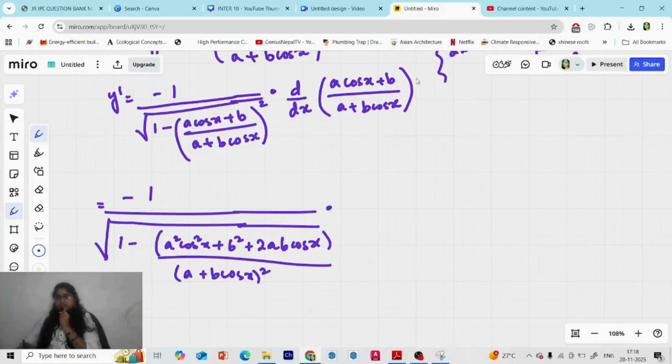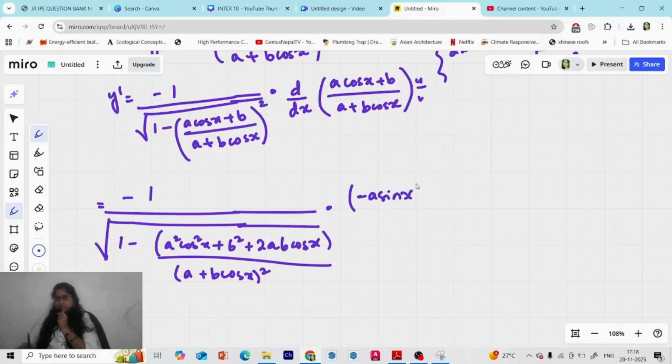And d by dx of this is in the form of u by v. So what should we do? First we should keep this, we should differentiate the numerator, u dash v. So what is the derivative of a cos x? Minus a sin x plus 0.